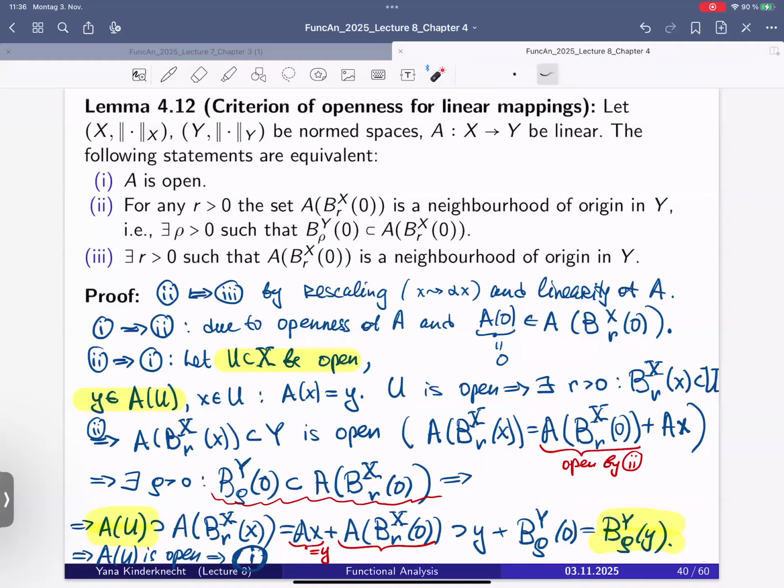The statement is as follows: for any R, the image of an open ball is a neighborhood of zero. By definition, neighborhood means an open set around zero, not an open ball but an open set. So by definition, a neighborhood is always an open set? Yes, in my course, yes. Okay, thank you very much.